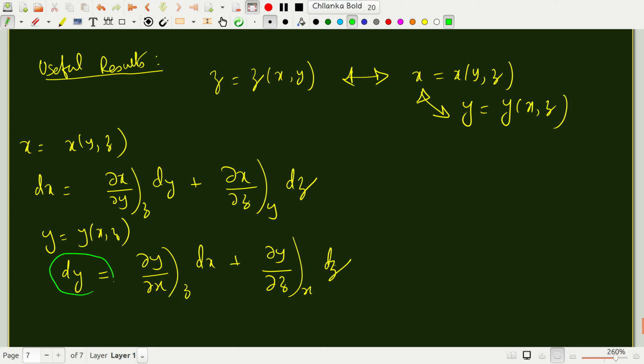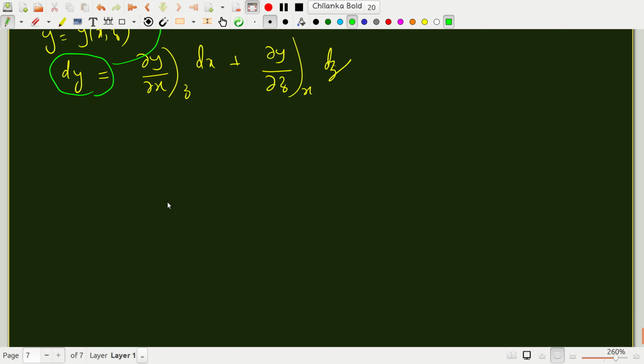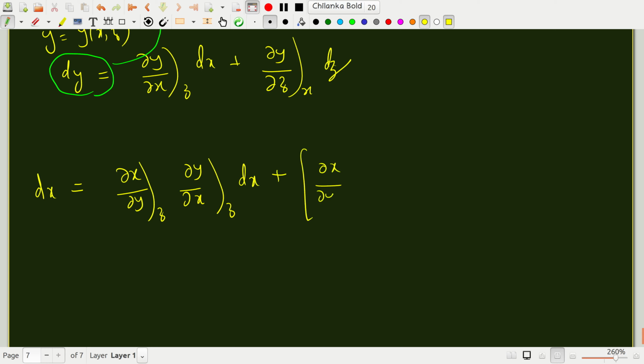Okay, now look at this expression. You have dy here, and this can be substituted back in here, and what you will get, if I just substitute and rearrange terms, I'll get dx is equal to partial x partial y at constant z partial y by partial x constant z dx plus partial x partial y at constant z partial y partial z at constant x plus partial x partial z at constant y dz.